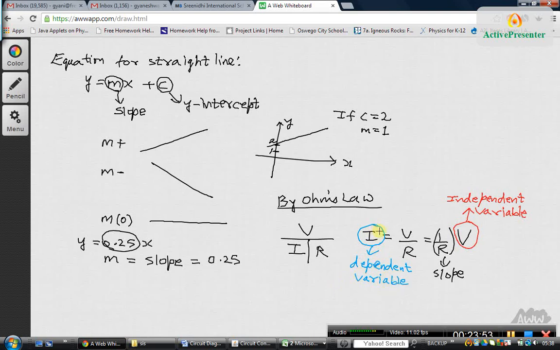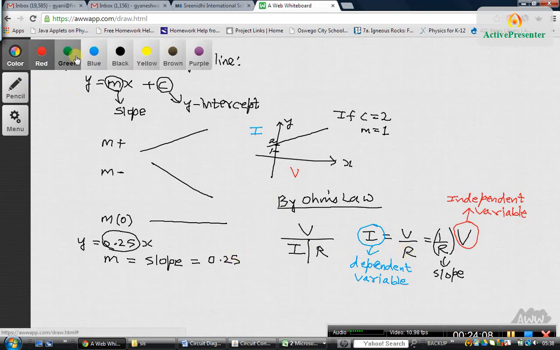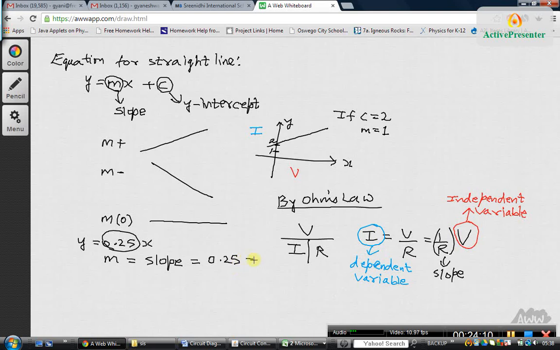So that's why I is plotted on the y-axis and V is plotted on the x-axis. So the slope represents 1 by R, so you can equate it to 1 by R. So from that you can calculate what should be the resistance.